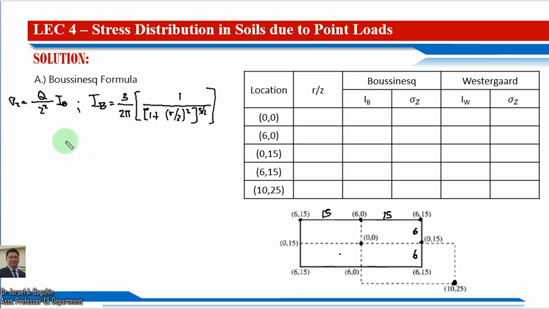So from the given, if we are going to consider now the coordinate, we have point 1 at coordinates 0 and 0.